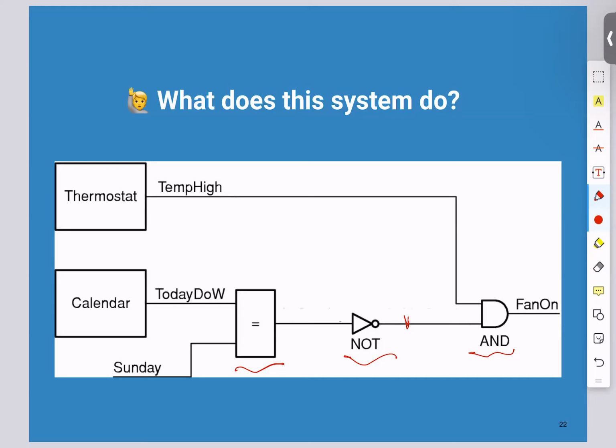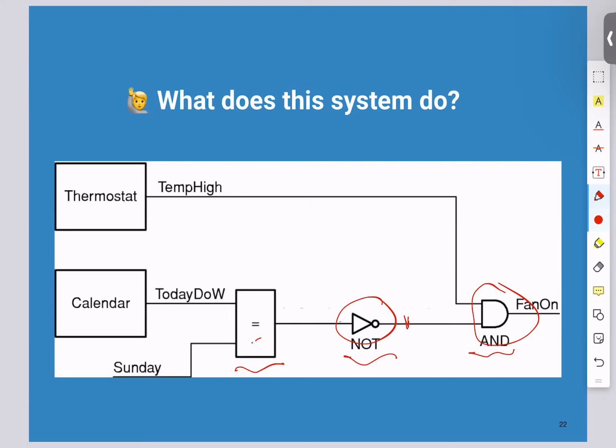In fact, any mathematical function can be done just using an infinite supply of these two gates, an AND gate and a NOT gate. If I give you an infinite supply of AND gates and NOT gates, then anything which is computable, you can compute. There is nothing that you can't do just with these. In fact, you can even do an equality check using these, so this is kind of redundant.